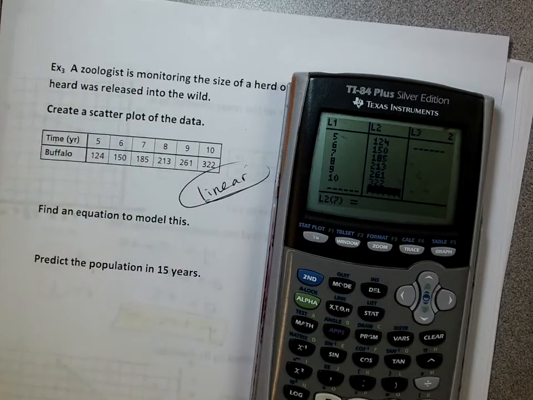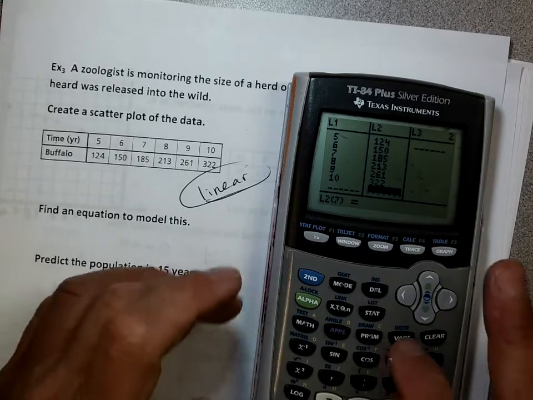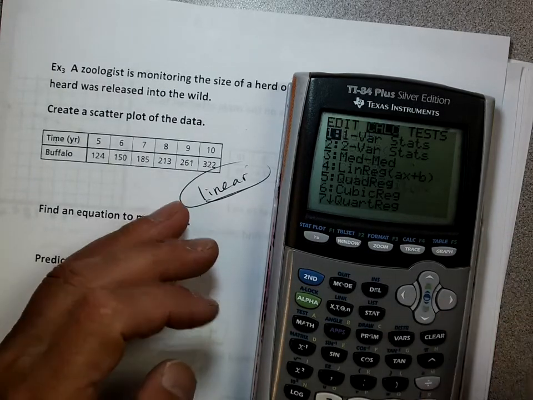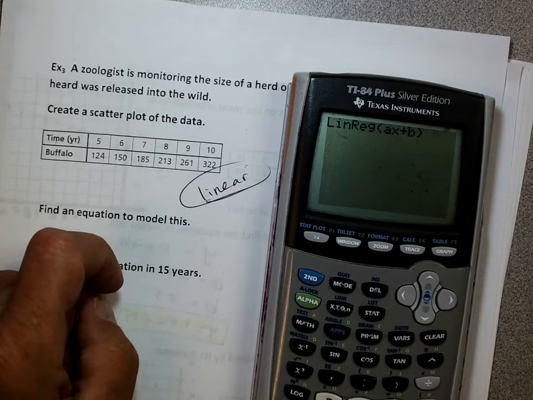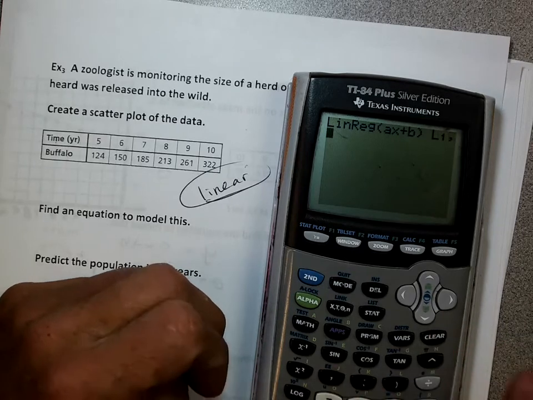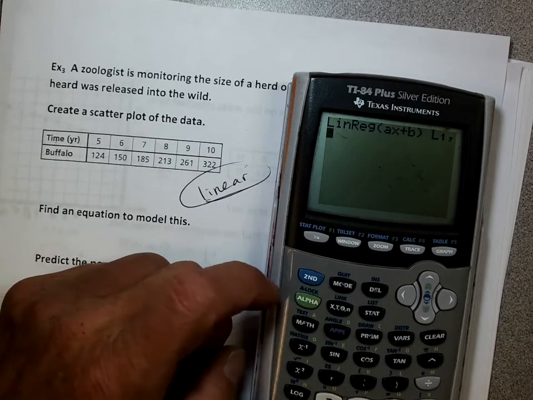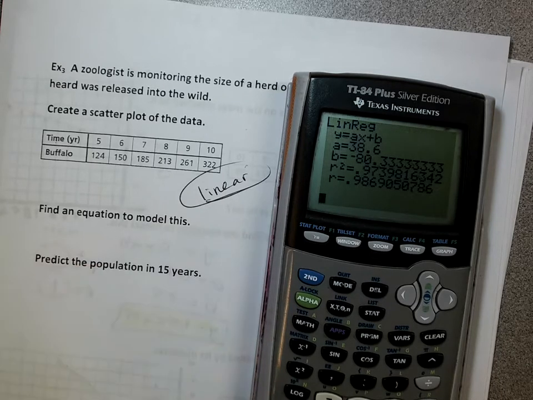Okay, right? Thumbs up so far? Go back to stat. Calculate. We think it's linear. I agree. I think it's linear too. Okay. My R is about 0.98, so we're saying about almost 98% of the data.